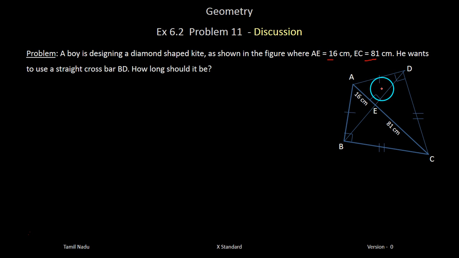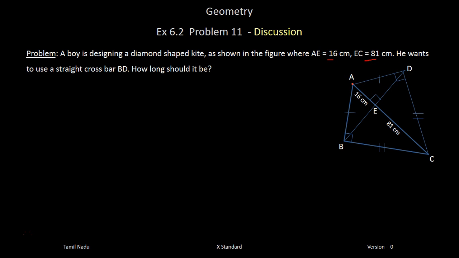If you consider these two right triangles AED and ABE, this side AE is common, and the hypotenuse AD is equal to AB, and both of them have a right angle. So in this case, triangle ABE is congruent to triangle AED.